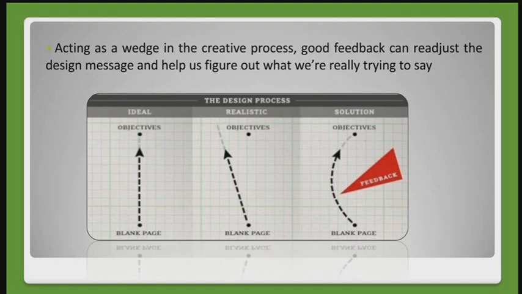It shows that during the design process, we are not reaching the objective directly, because we are deviating from our main objective. So what the feedback is doing is tilting it back to try to reach our objectives. So that is our solution.